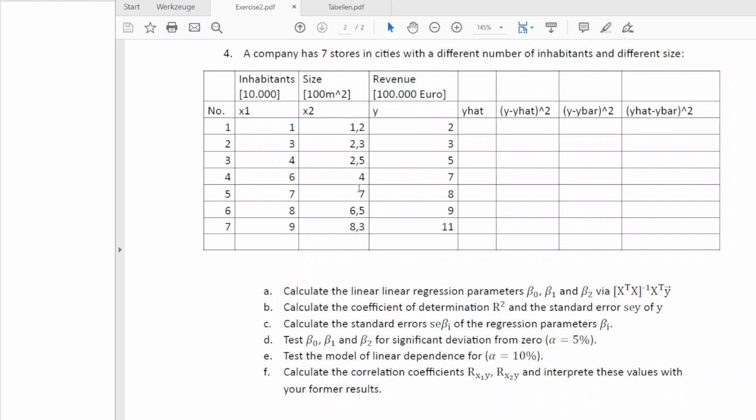And then of course we can also make a linear regression on the two variables, inhabitants of the city and size of the store, in order to get an idea. Maybe the next store I want to open is in a city of 150,000 people. Is it really a good idea to increase the size of my store?